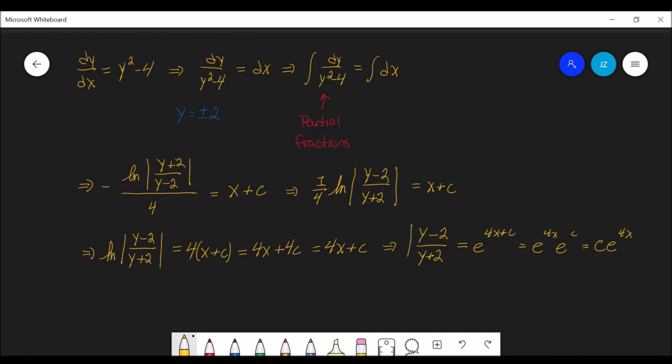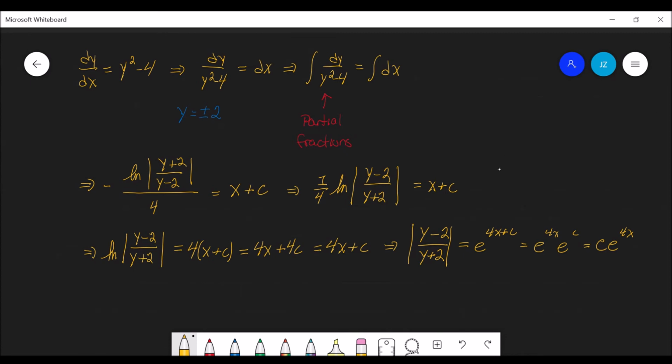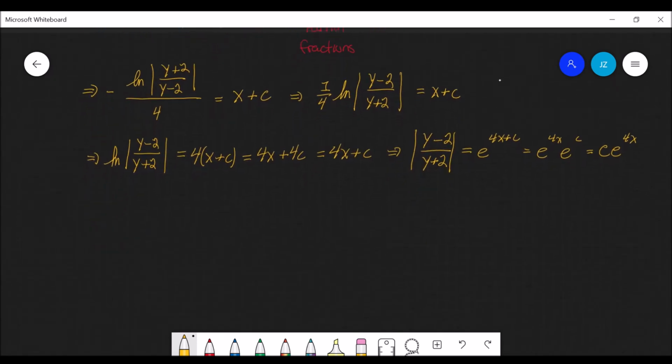I'm sorry, this should be the absolute value. This means that (y minus 2) over (y plus 2) is equal to plus or minus this constant, e to the 4x. And of course, plus or minus a constant is still a constant, so constant e to the 4x.